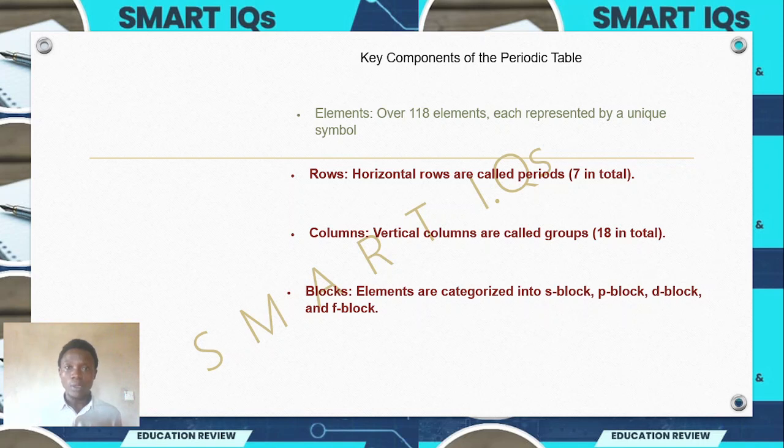Are we together? So for example, lithium, the last electron is 1s1, so it falls on the S block, so that's why lithium belongs to the S block. So the periodic table also has a very important component known as the blocks.